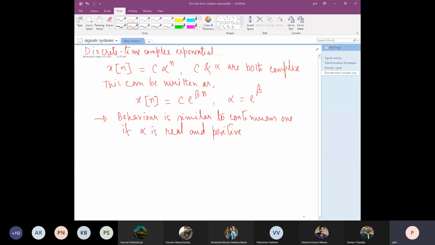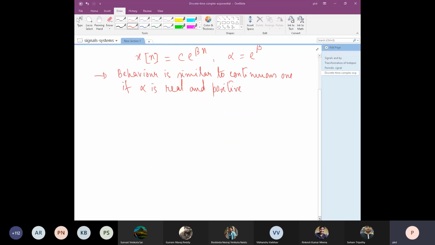So in this case, what will happen? If alpha is greater than 1, then the power of alpha will always increase. Therefore, it will increase exponentially.